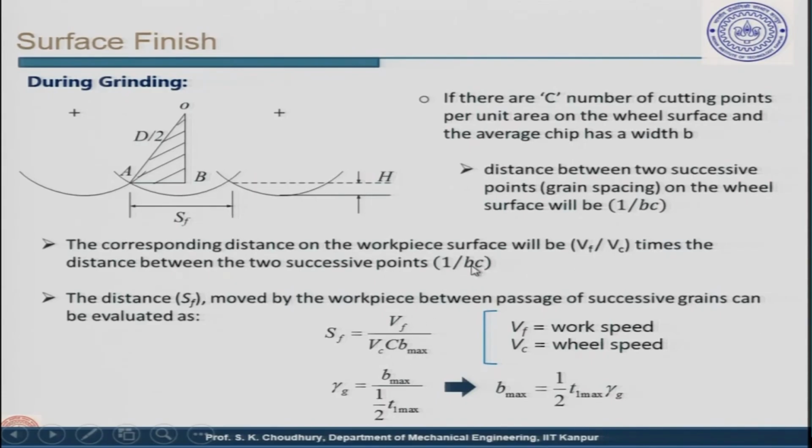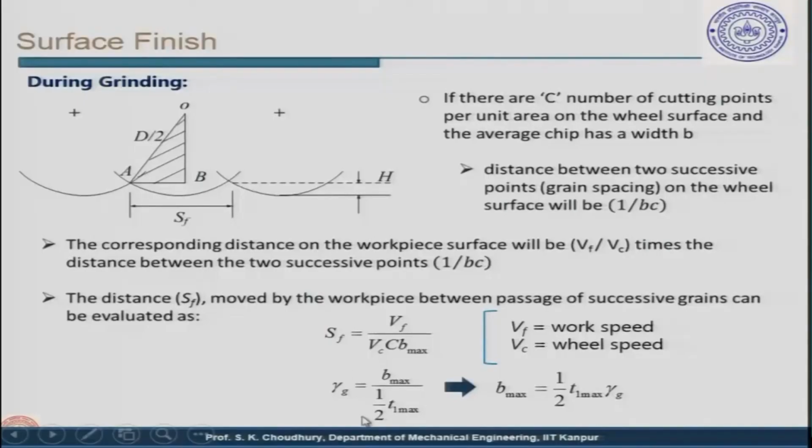So, B is the maximum width we are saying of a chip, because two successive grains will produce the maximum chip width, that is what we said. Okay. So, gamma G is B max divided by half of T1 max.